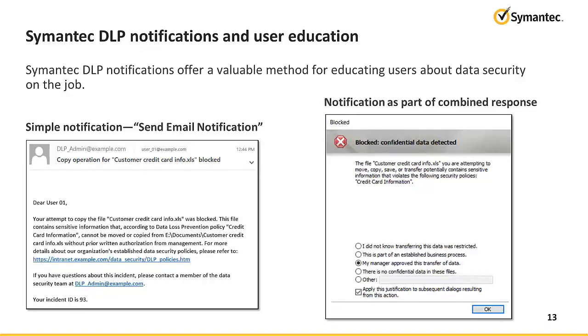These options can be grouped into two categories: simple notifications, such as sending an email to a user who has violated policy, and notifications that are part of a combined response, such as a quarantine response rule that moves a sensitive file to a secure location and leaves an explanatory marker file in its place.